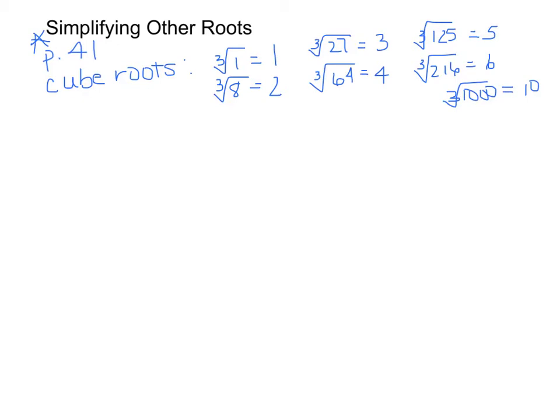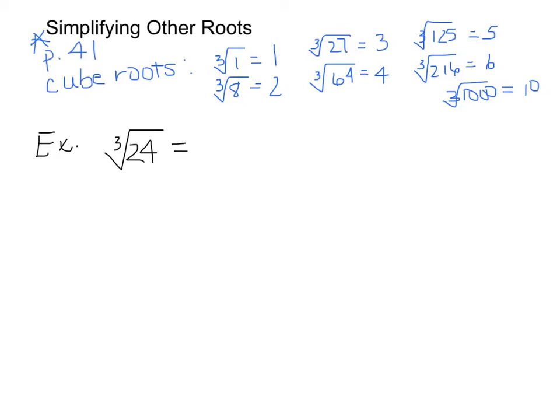So when we are simplifying cubes, those are the numbers that you want to break down. For example, if you saw a problem like cube root of 24, then you look at what are your most common cube roots, and that one would be 8.